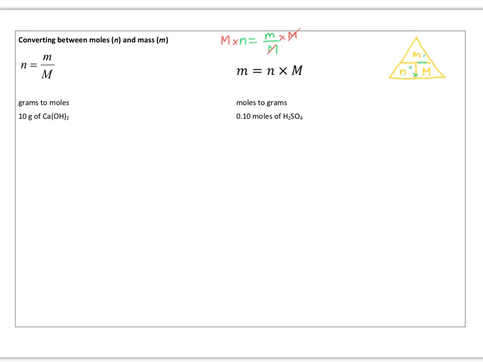So let's do this first one. How do we convert grams to moles? Let's say we've got 10 grams of calcium hydroxide. That means that the mass is equal to 10 grams. The molar mass is equal to, we just worked that out on the previous slide, which is why I've chosen that, 74.096.